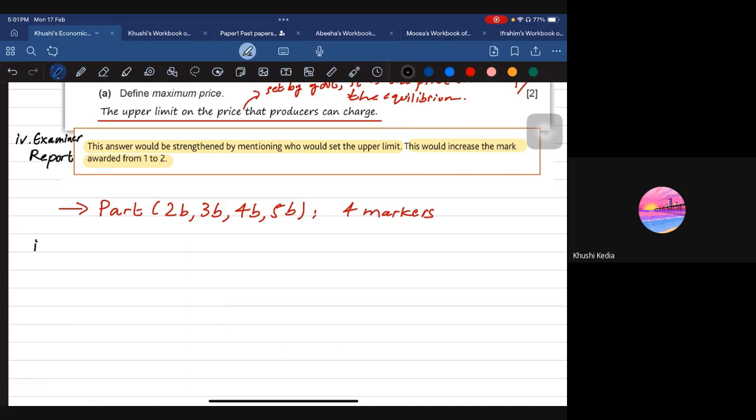Now, first, requirement of a 4 marker. Because the question will say explain, so it is still AO1 only. So the keyword which is going to be used here is explain.